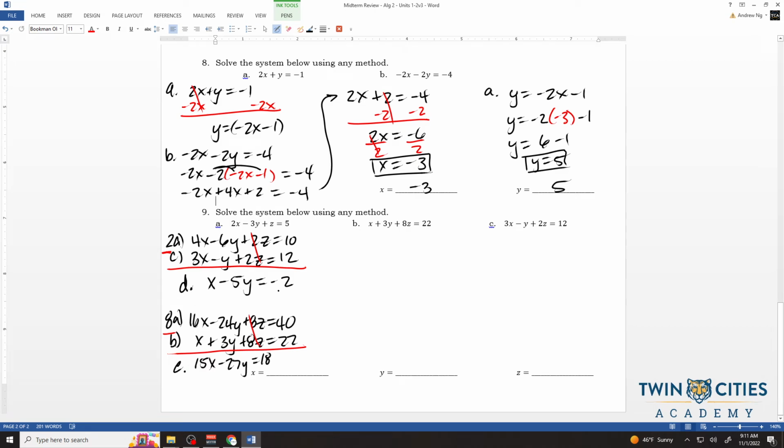Now what I'm going to do with D and E is, I've got two equations, two variables left. I'm going to use these two to eliminate one more variable. So I see I've got a single x, so I'm just going to multiply D by 15 to match this 15 here.